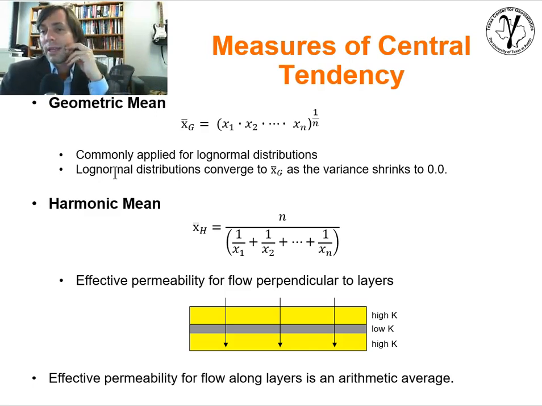The harmonic mean is shown right here. You're taking the number of samples and dividing it by the sum of 1 over all of the sample values. And so what's very interesting is that the harmonic mean, in fact, would be a good calculation of the effective permeability given the permeability in a bunch of equal thickness beds going along here, and where you're flowing perpendicular to those beds.